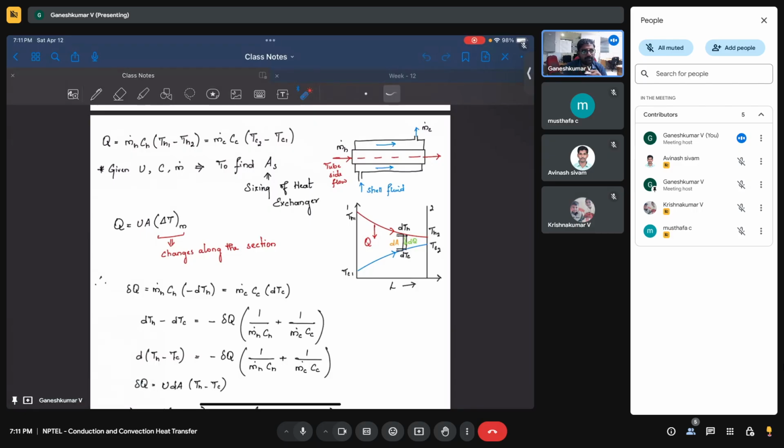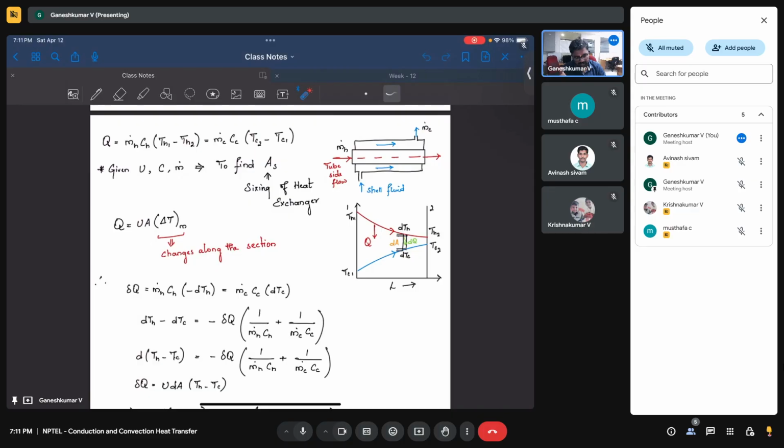In general practice, we want the temperature of the hot fluid to reduce to a certain value, so we usually know the heat transfer we require from this heat exchanger. Then I have to design the heat exchanger, and the design parameter here is the total area required for the heat exchanger.